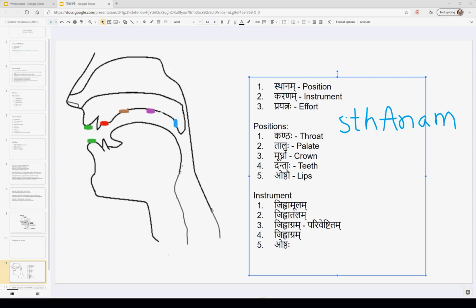Sthanam. What is the first letter in that word? Yes. Okay. Thank you. Sthanam or position. Now, the different position different.